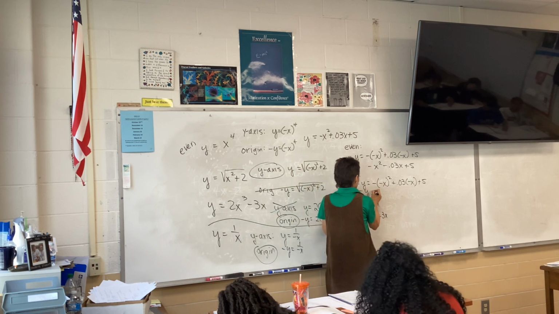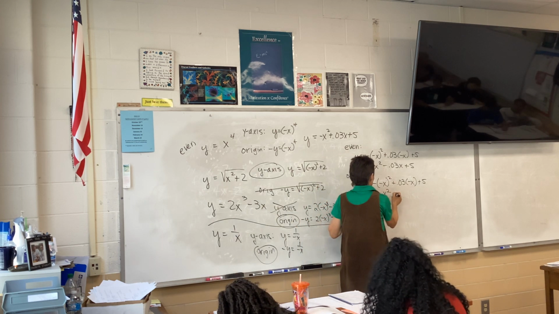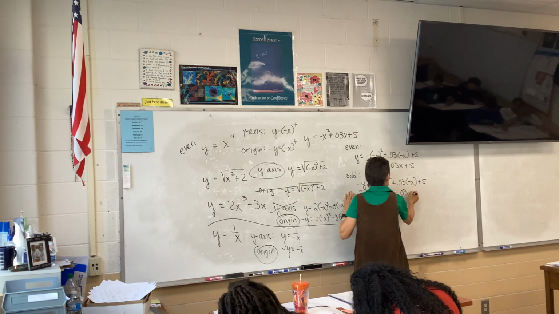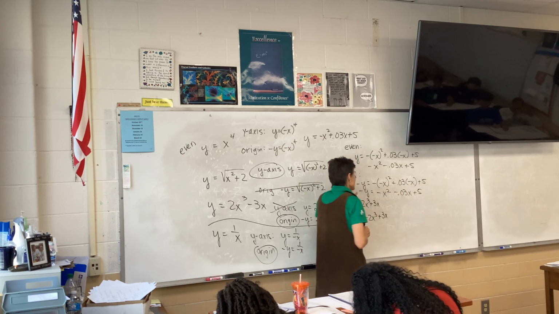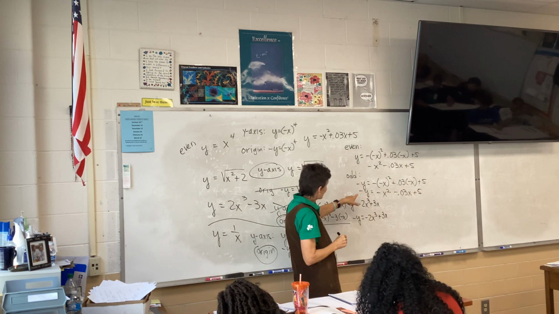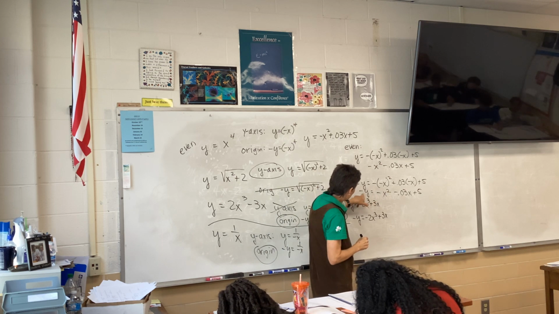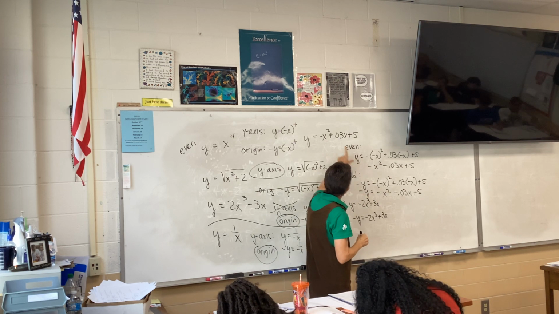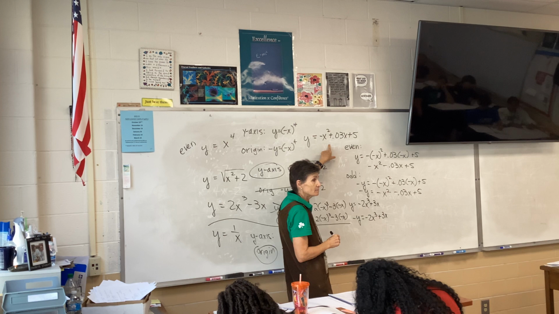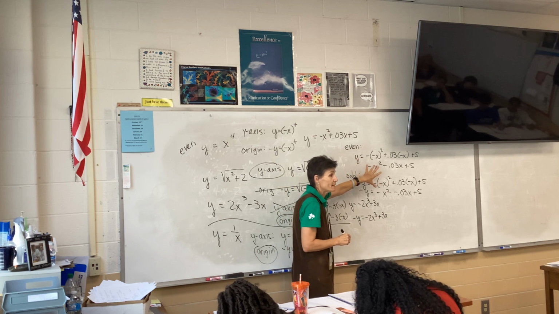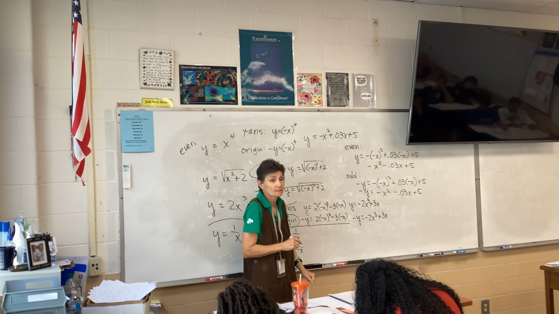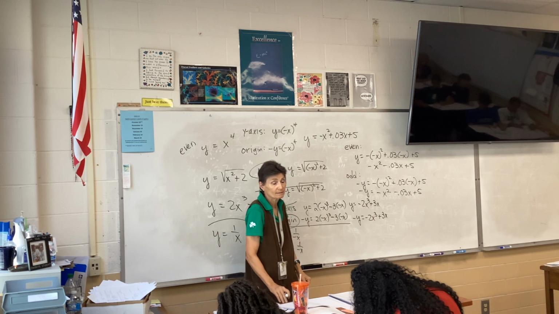This one, I don't think this one is either, because when I divide by the negative, it's not gonna come out like that, is it? So this one would be a neither. It's not even or odd.